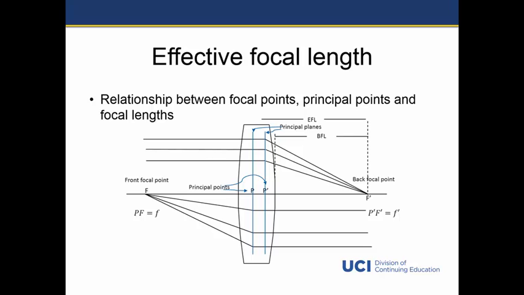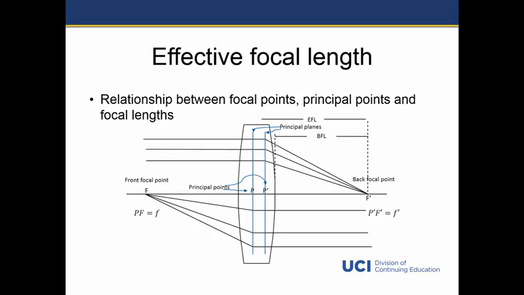Now, if we look at this ray trace, again, we're in the paraxial region. In reality, what we would have expected is that when the light hit this surface, it refracted a little bit, and when it hit this surface, it refracted a little bit more.